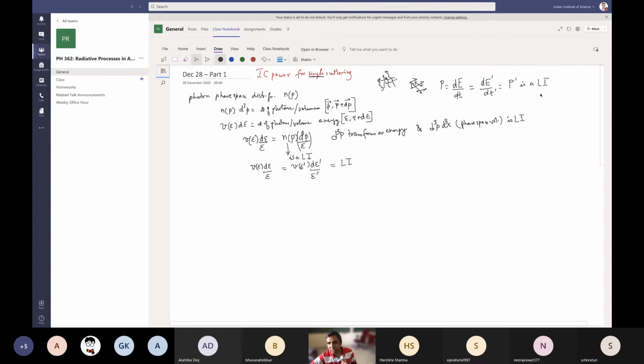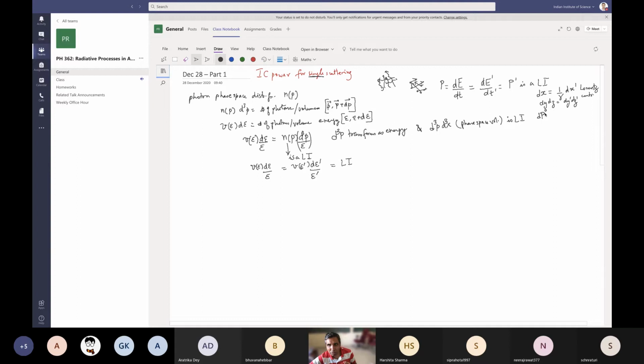We considered this: dx is equal to 1 by gamma dx prime. This is just Lorentz contraction, and dx dy dz is equal to dy prime dz prime. This is in the transverse direction.